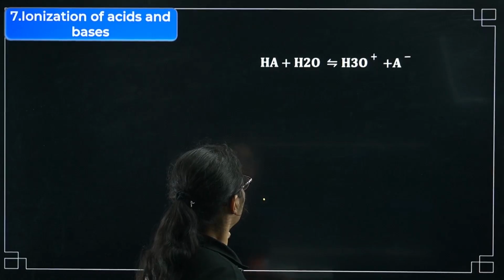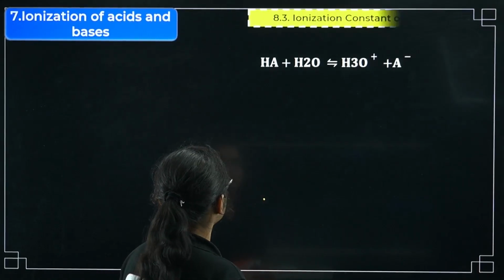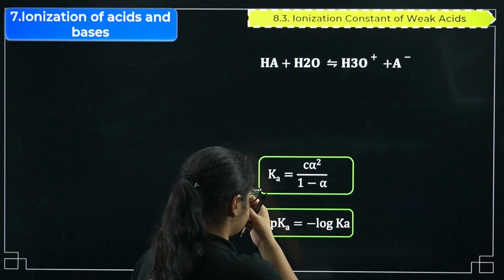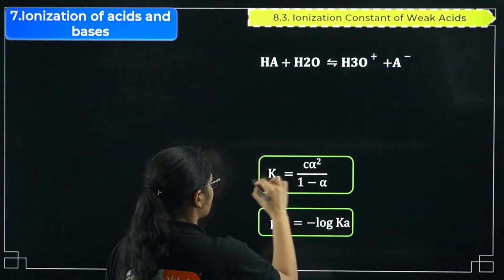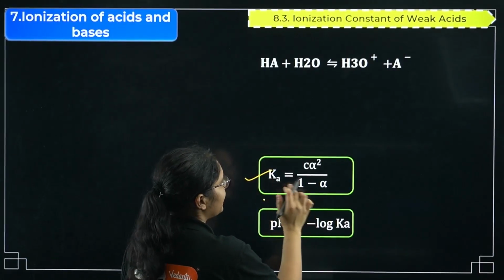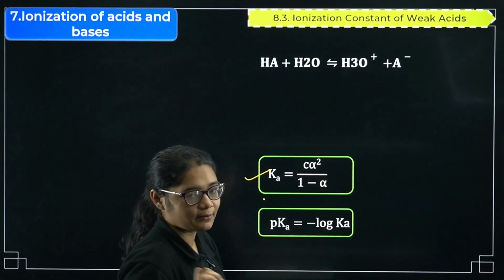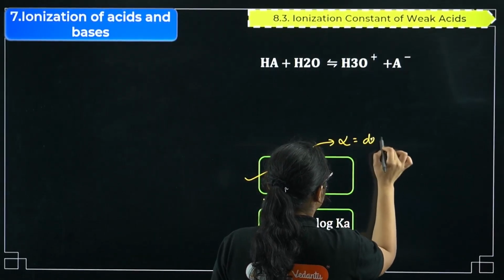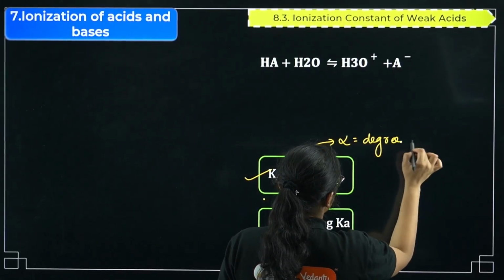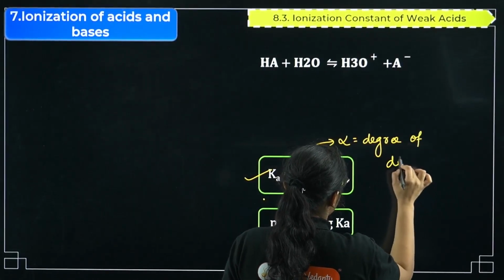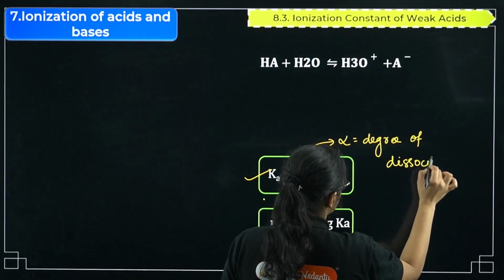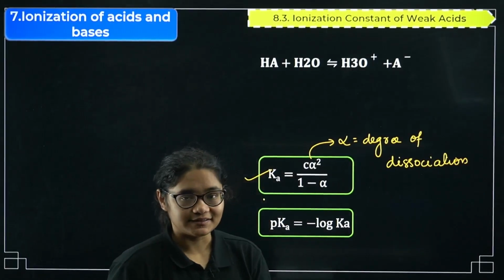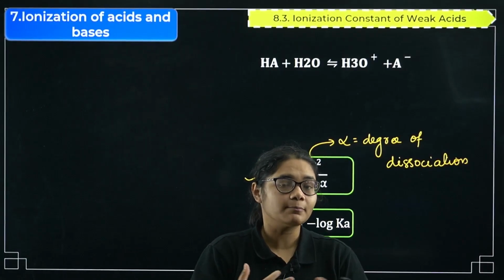Next we have something related to the acid dissociation constant. Ka is the acid dissociation constant. Ka is equal to C alpha square by 1 minus alpha. Now what is this alpha value? Alpha is the degree of dissociation. As I told you, weak acids will not undergo complete dissociation.